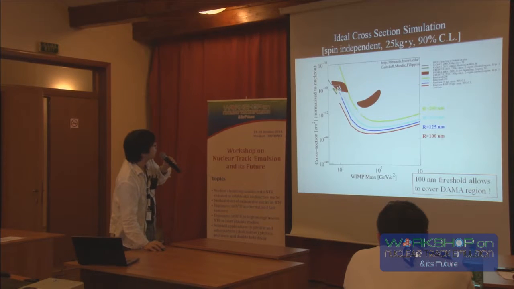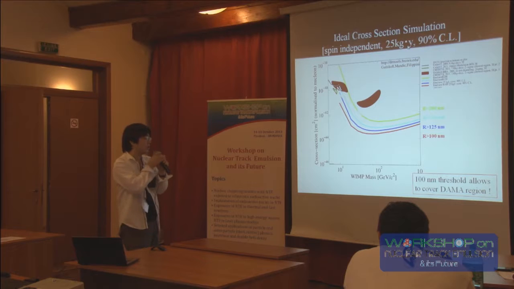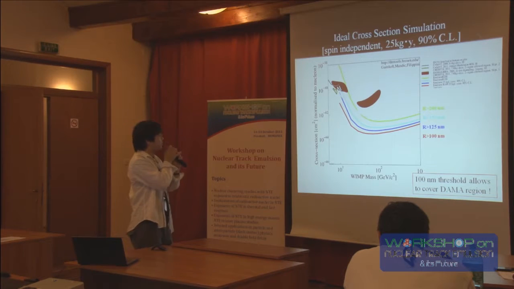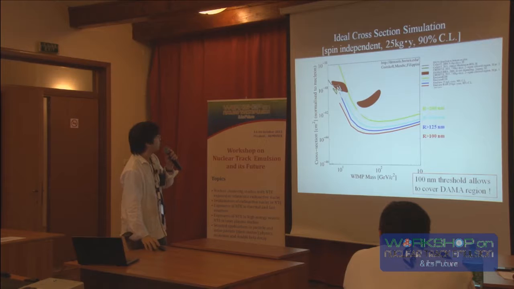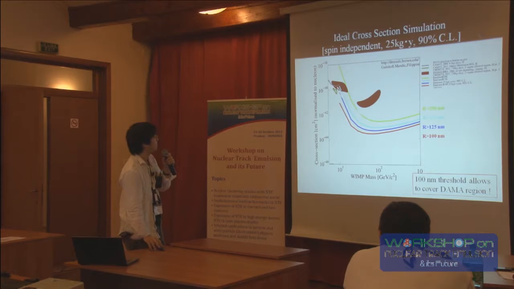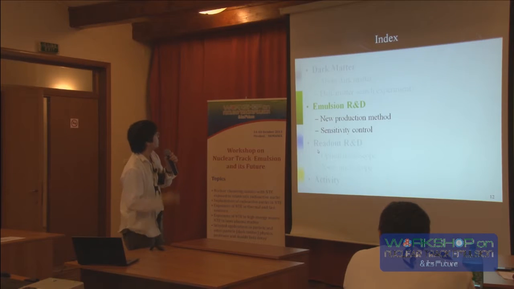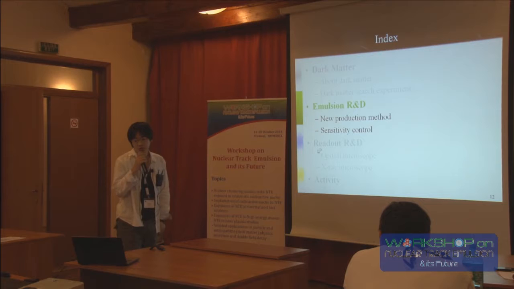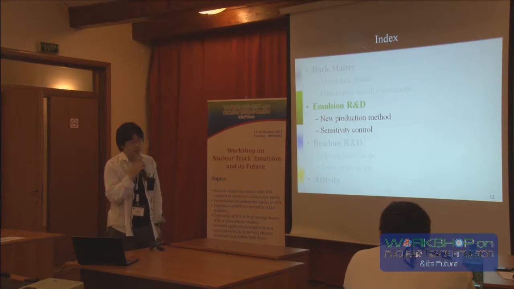If we suppose a 100 nanometer range threshold and a 25 kilogram-year experiment, we can cover the DAMA region. This is a very ideal supposition, but if we achieve this range threshold, we can cover the DAMA region. And then I'll introduce how to realize such experiments.